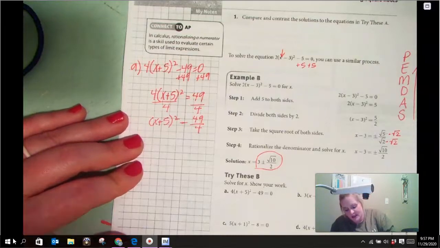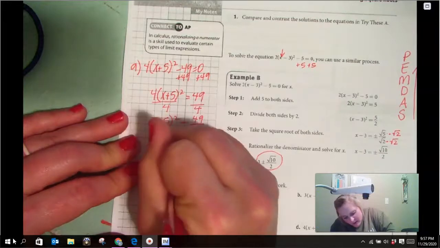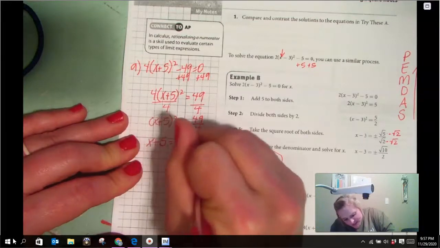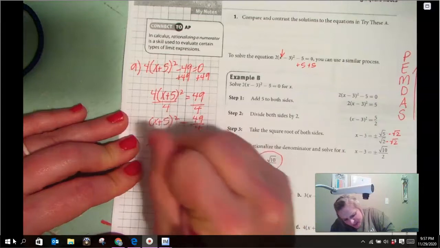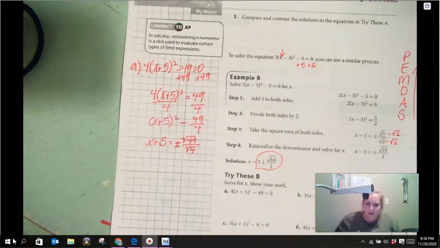Then, to get rid of that square, I have to take the square root. And just so I don't forget, I'm going to go ahead and put that plus or minus right there with that step, because as soon as you take the square root, that's what's going to give you the plus or minus. Okay? So, the square root of 49 is 7.